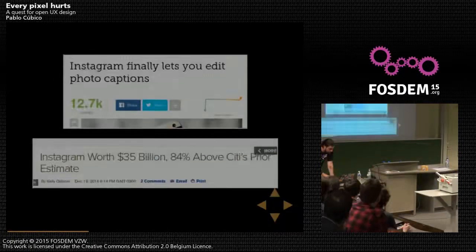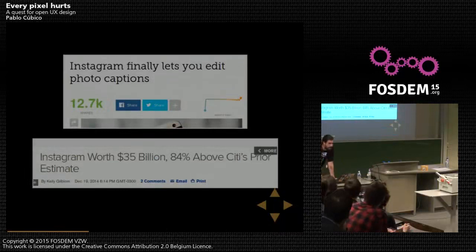I'm going for one example. I think this image speaks for itself. Big news, Instagram finally lets you edit photo captions. This is a stupid feature to do, and it's worth 35 billion. So yeah, it had a really bad UX, and they convince you these are the best, and this is not what we aim for.